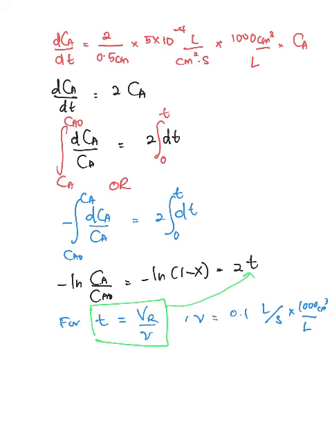Then you can solve it for the length of reactor, because VR equal to the volume of a cylinder, pi r square L. So the question asks you to calculate L. So insert this equation into this one.